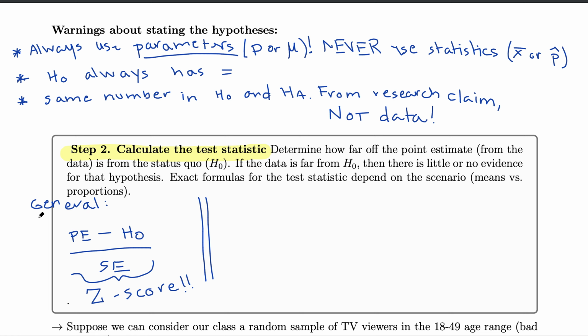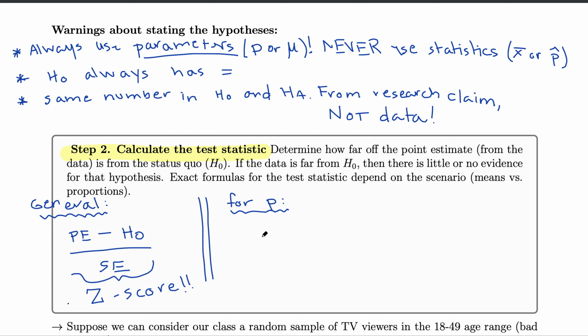So this was our formula for general. I mentioned we're going to be doing this the rest of the semester. So get ready to see this formula in several contexts. And let's look at it specifically for a hypothesis test, or a claim about a single proportion.